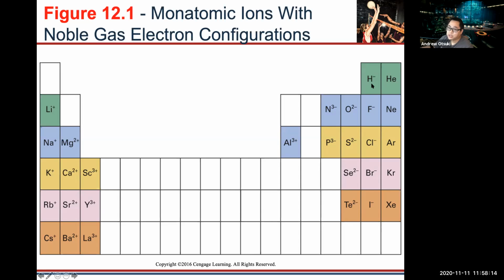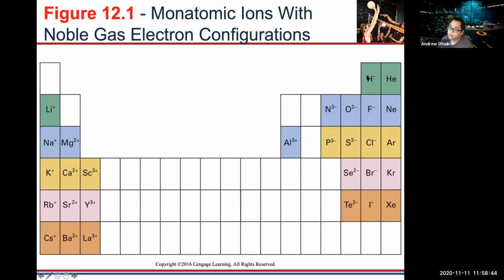And hydrogen here can be 1+ or 1- depending on what it acts as. If it acts as an anion, it's -1. So when it's paired with a metal, it's usually a -1 charge. However, if you're talking about an acid like HCl, hydrochloric acid, or hydrofluoric or sulfuric acid, usually H is H+.